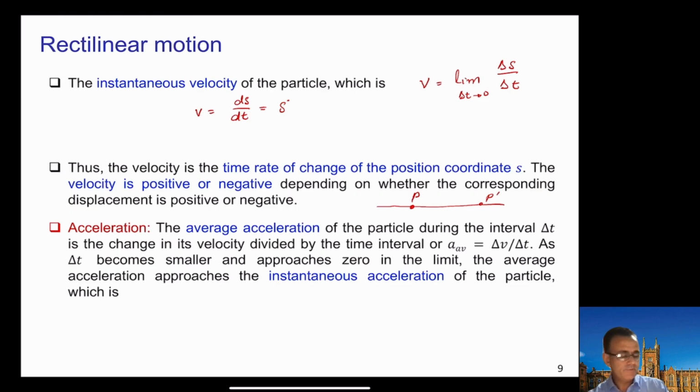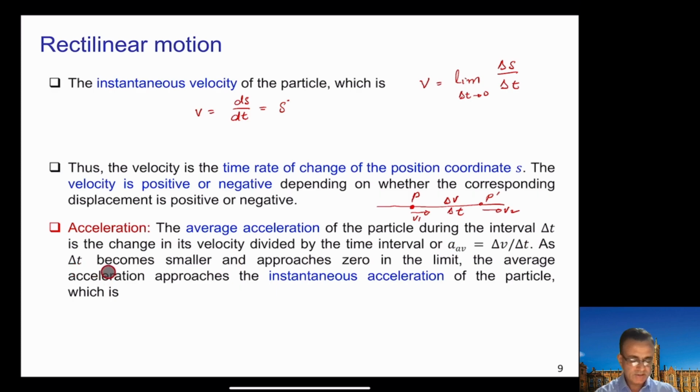The velocity here is v1 and the velocity here is v2, so the change in velocity is delta v and the change in time is delta t. If you divide delta v by delta t, this will be our average acceleration.